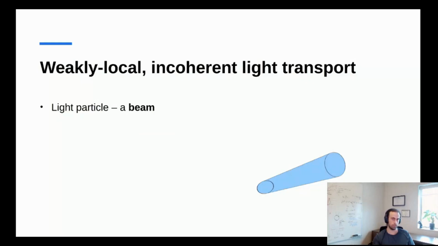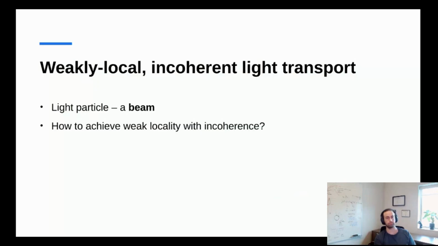In simpler terms, under weak locality, a light particle is no longer a ray which exists at a singular position and propagates into a singular direction, but instead it is a beam of light that at any time instant exists in a small region of space and propagates into a small solid angle. And that is weak locality. Light particles are a beam of light.